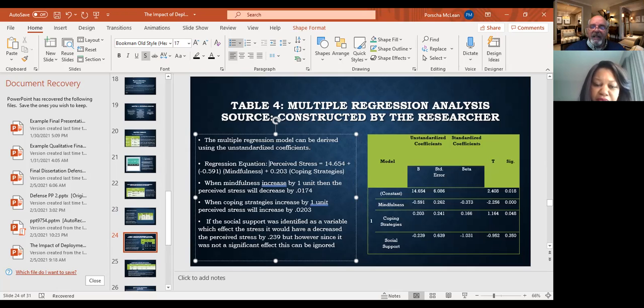Okay. So when mindfulness increases by 1 unit, then perceived stress will increase by negative 0.591 units. Okay, decrease by negative 0.591.